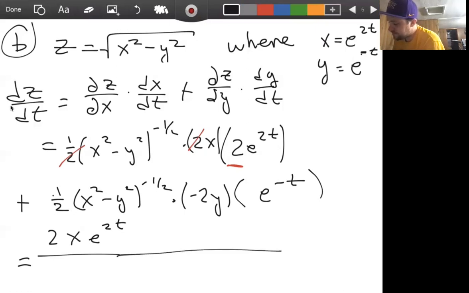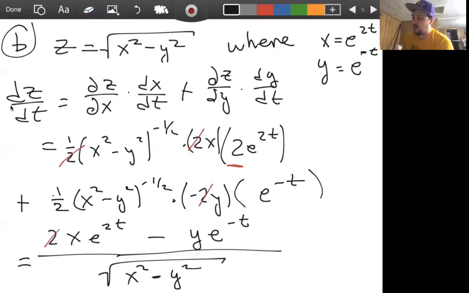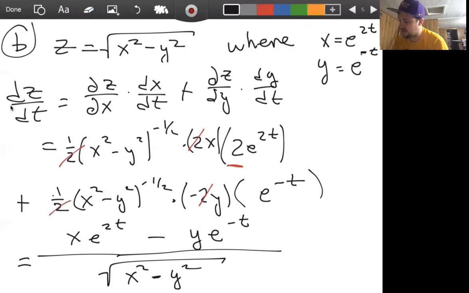And then you'll notice the second term has the same denominator, so we can go ahead and combine these, and I'll get cancellation with this 2 and this 2, but I have minus y e to the negative t. That should be a minus in the denominator. Apologies, let's cancel with the 2 in the denominator and not the 2 in the next line of the expression. And so now we can sub in x and y, and then we're done.